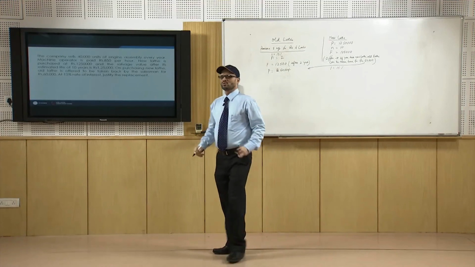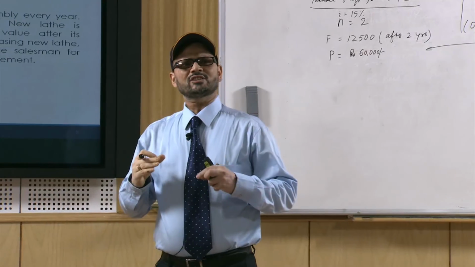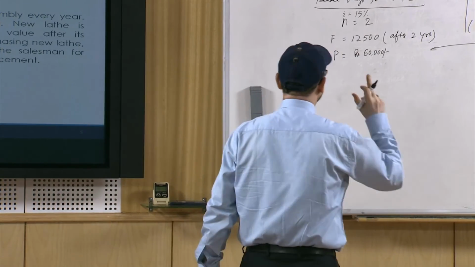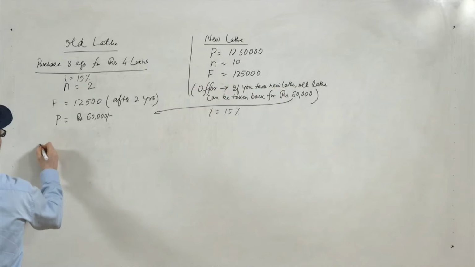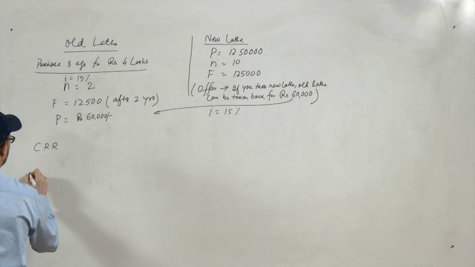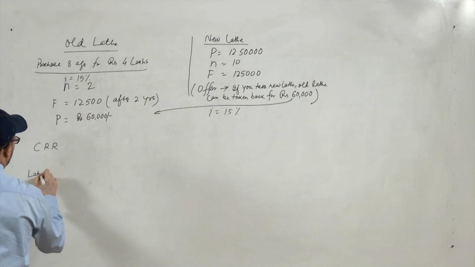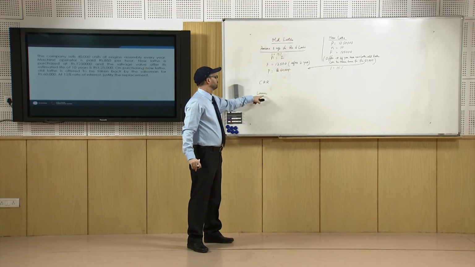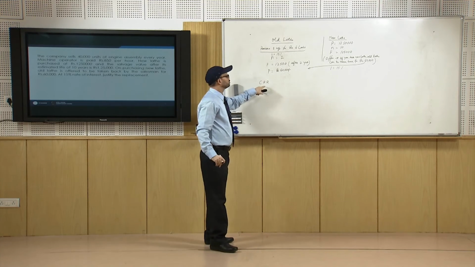Now, we have to go for the justification whether to go for it or not. So, you have two parts, one is the capital recovery with return part, another is the labor part. It will be giving you the annual cost for these two parts.